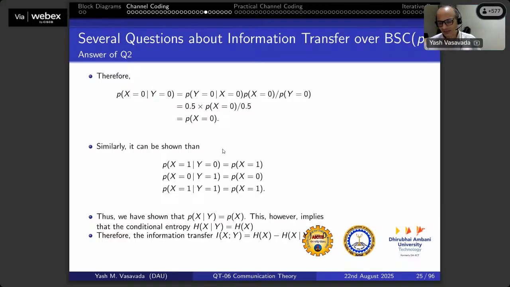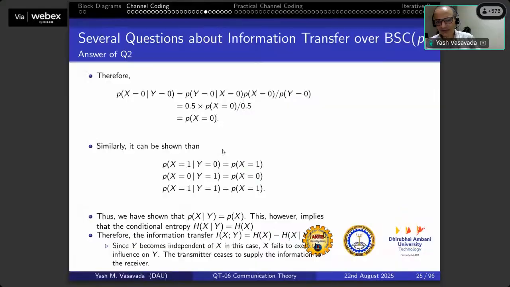I have done the derivation in the slides, which you have access to, so you can take a look at them.